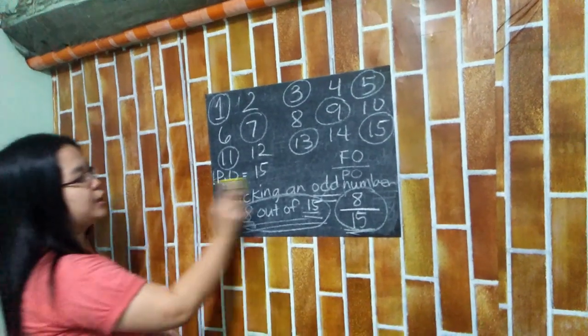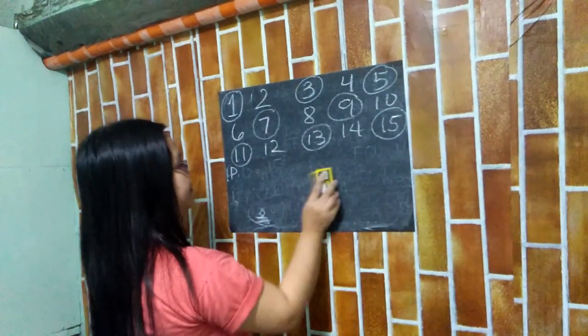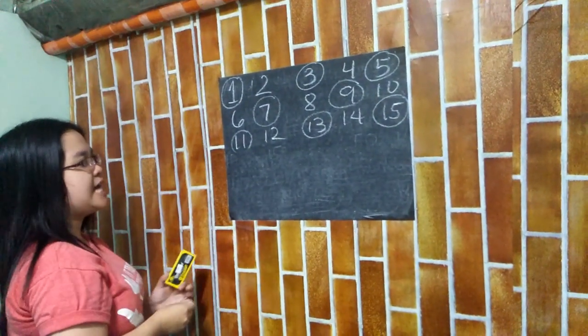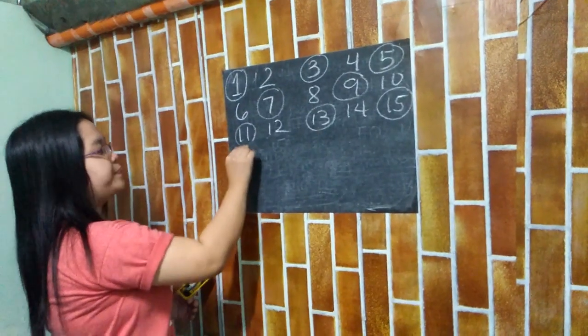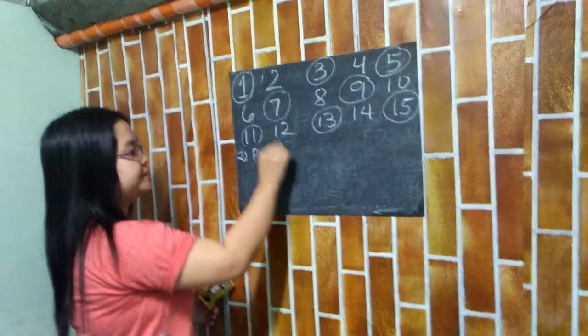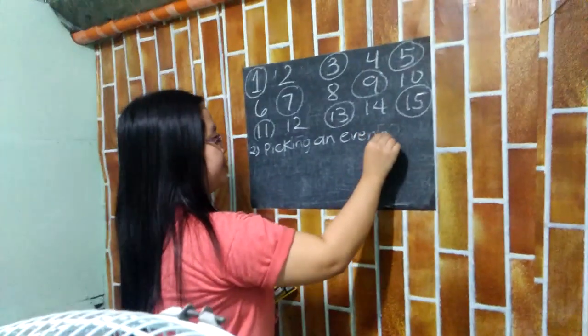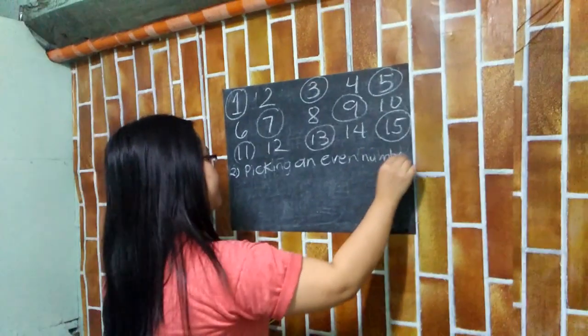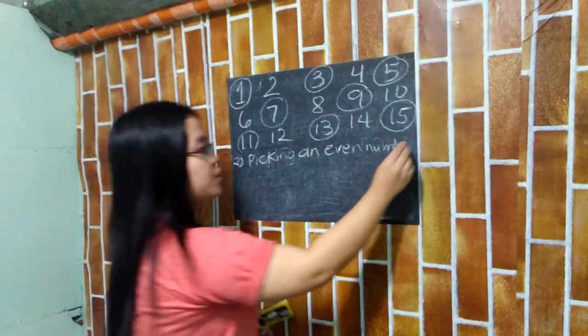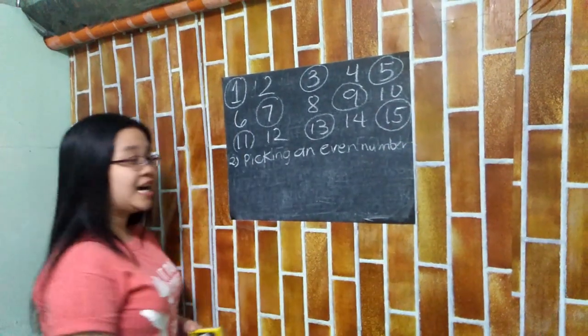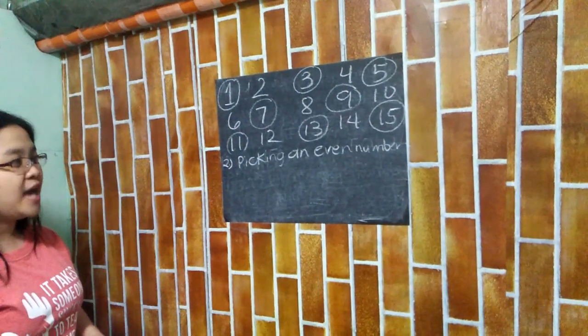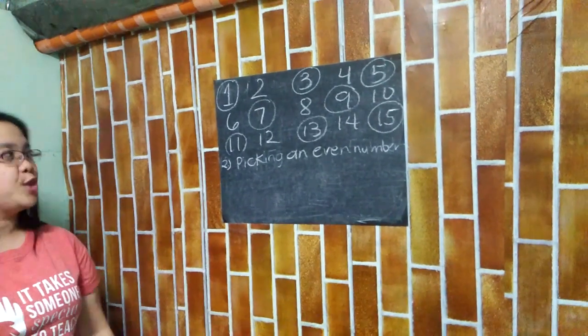Okay, now another example. Let's have the second event, picking an even number. If a while ago, we looked for the odd number, this time, we have to find an even number.